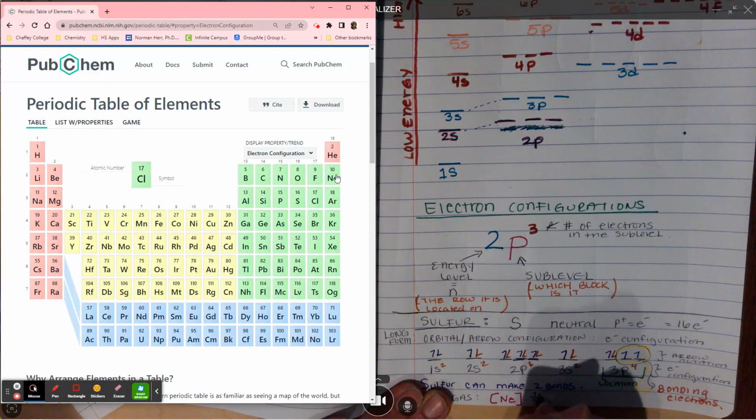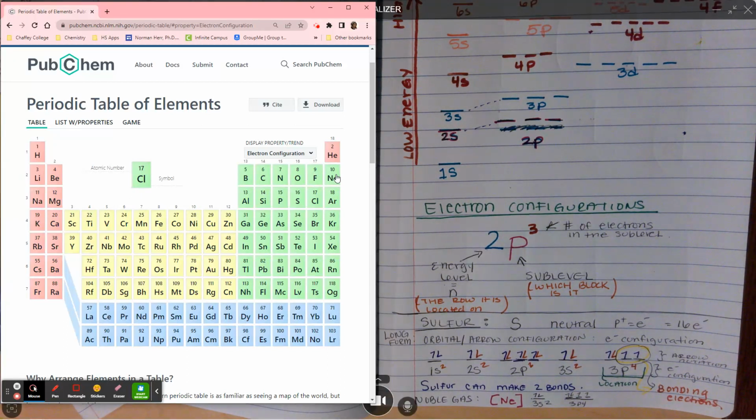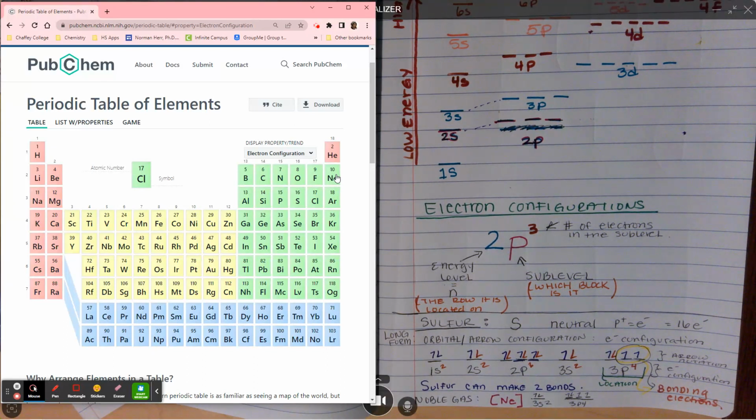So I get 3s2, 3p4. And that is called the noble gas notation, right? I basically took everything out and just wrote an element down in its place.